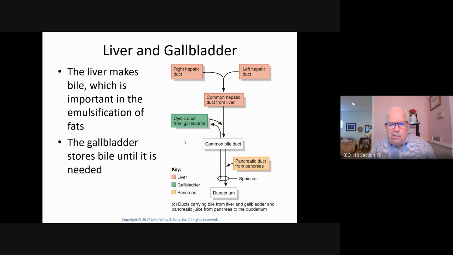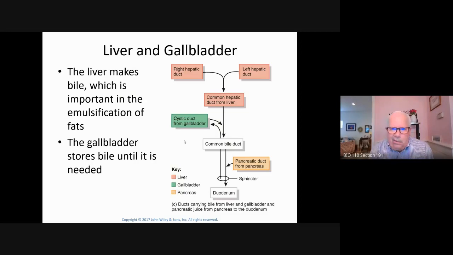Okay? So you also have two other accessory organs in the GI tract, and those accessory organs are the liver and the gallbladder. The liver makes bile. The reason for bile is it's needed in the emulsification of fat.